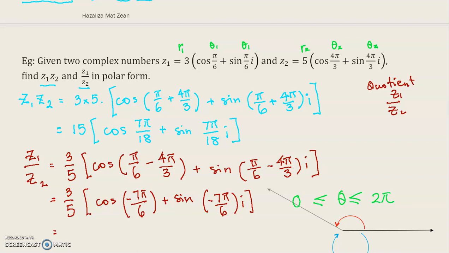When you check this, 3 minus 4 is 1, minus 7 pi over 18.